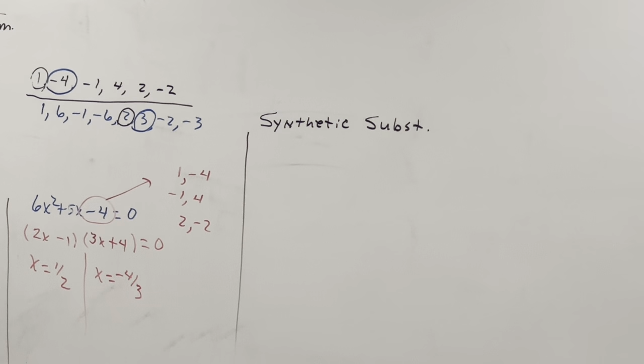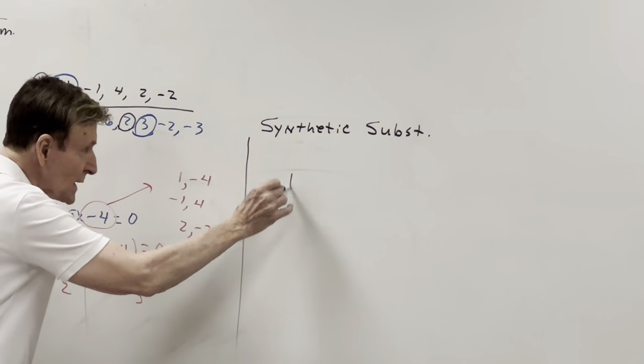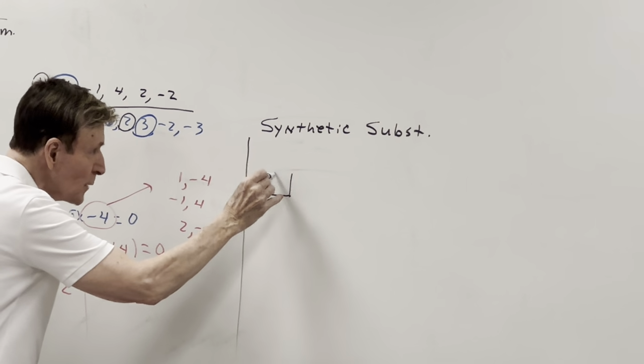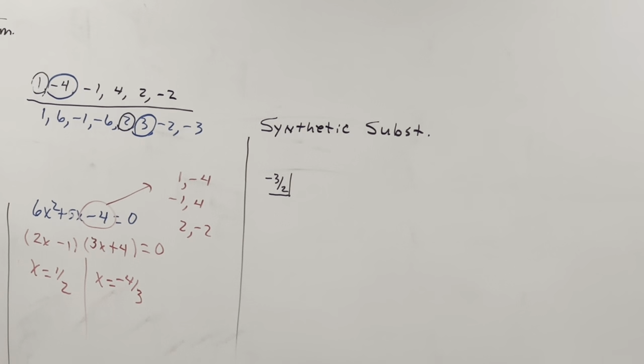Gia, I'm going back to your number, -3/2. Here's the way it looks without going directly into it. We're going to block off her number on the side here. She wants me to test -3/2. Then we're going to pick up all the coefficients, just the numbers, and my constant, and place those like this.